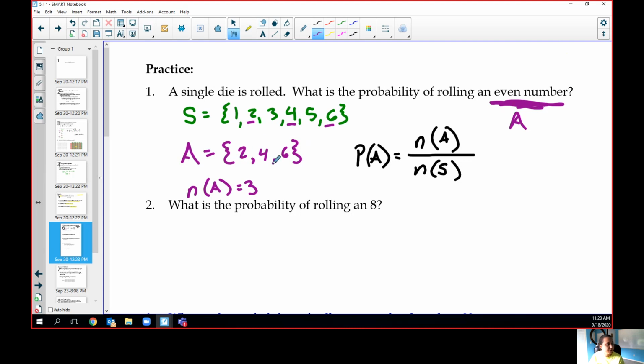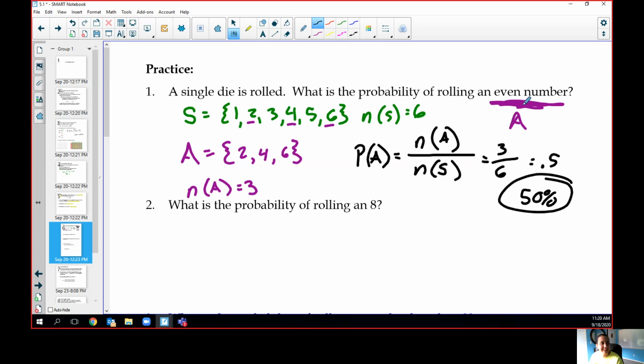We have 3 different numbers in there. For S, we have a total number of 6. So when we calculate our probability, we're just going to say 3 divided by 6, or 0.5, or we have a 50% chance to roll an even number.